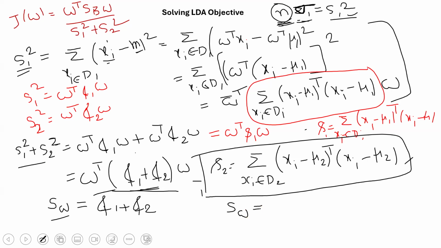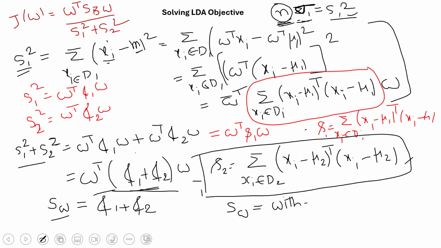What did we name SB? SB is the between class scatter matrix. SW is the within class scatter matrix. So we are trying to do this within classes, right?